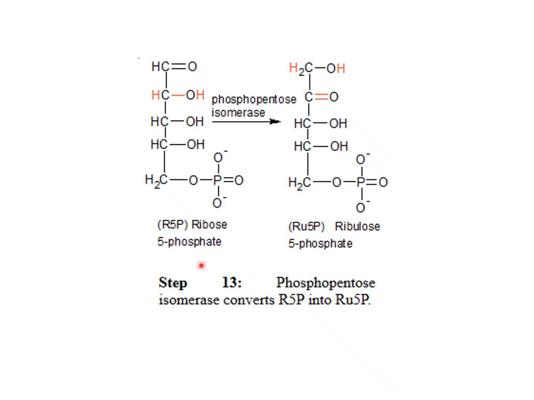Now ribose 5-phosphate immediately isomerizes into ribulose 5-phosphate. In this step, phosphopentose isomerase converts R5P into Ru5P. So what do we have now? Both the molecules are now Ru5P, ribulose 5-phosphate.